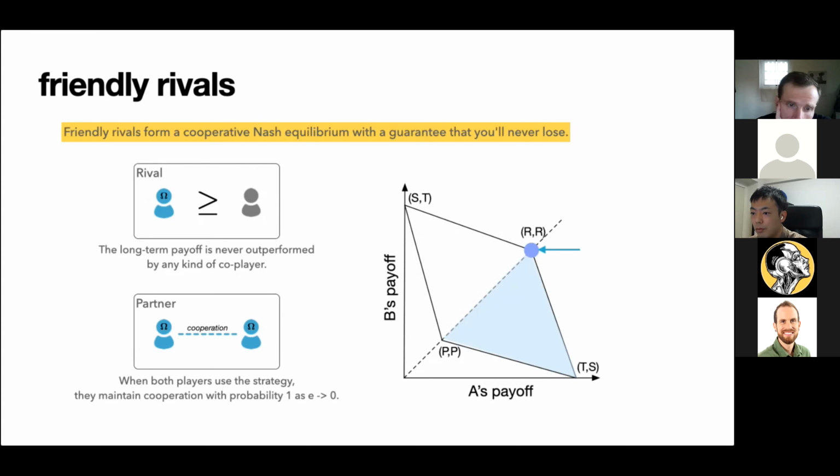A friendly rival strategy forms a cooperative Nash equilibrium because when A is a rival, the payoffs are confined to this shaded triangle. Therefore, player B's best possible action is to form mutual cooperation, which can be realized by taking the same strategy as A.